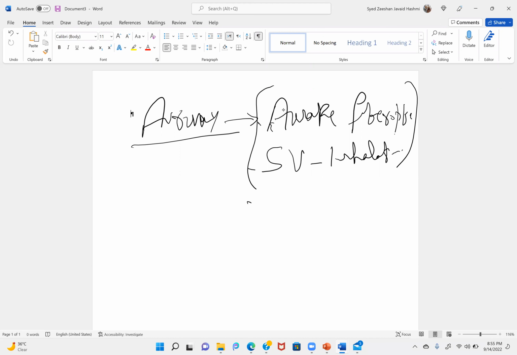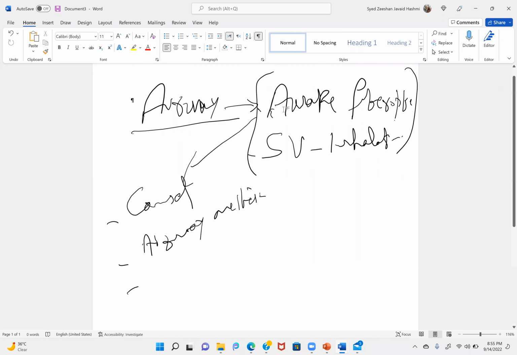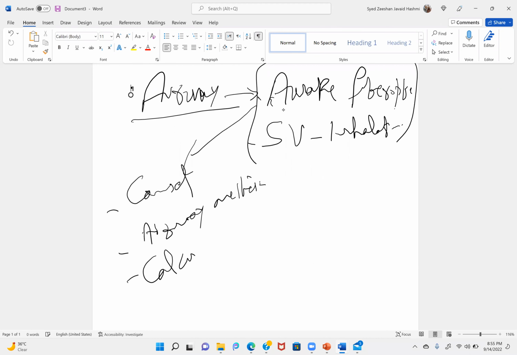Okay, so what can be the problems? Yes, exactly. Because awake fiber optic, you need to counsel the patient, you need to have the airway anesthesia. So these are the problems related to awake fiber optic, and you should be calculating the dose of local anesthetic, because here you can use up to 9 milligram per kg of lidocaine.